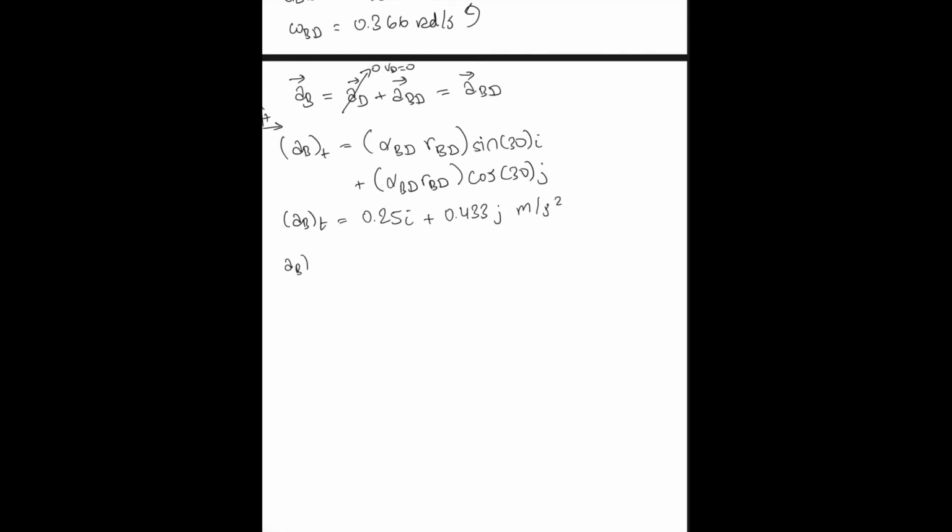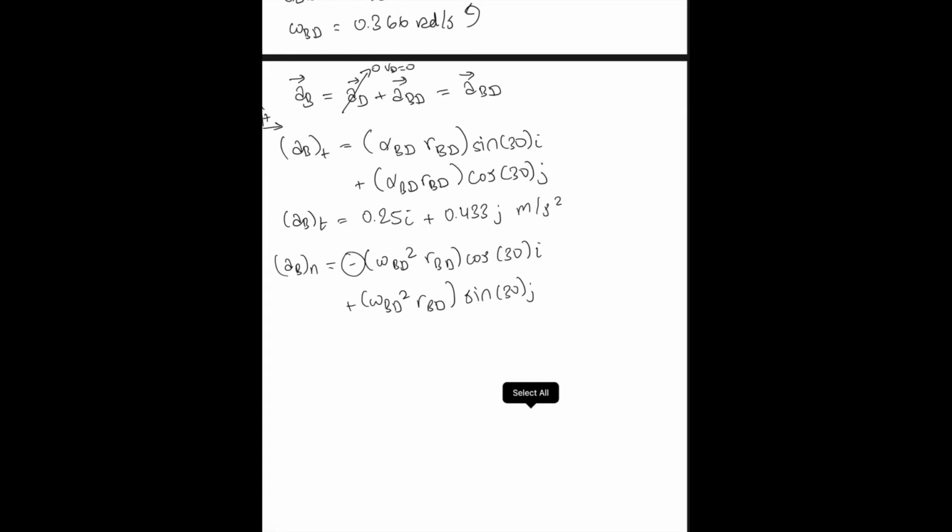And we're going to do the same thing for the normal. We know that the normal acceleration is equal to the angular velocity squared multiplied by the radius, cosine 30 in the I direction, plus sine 30 in the j direction.